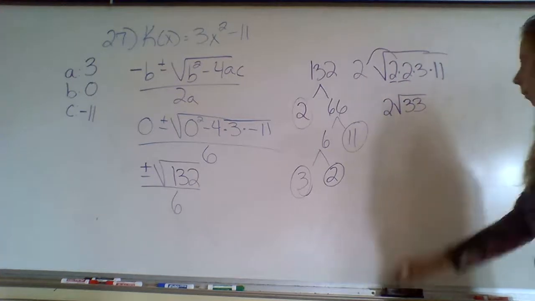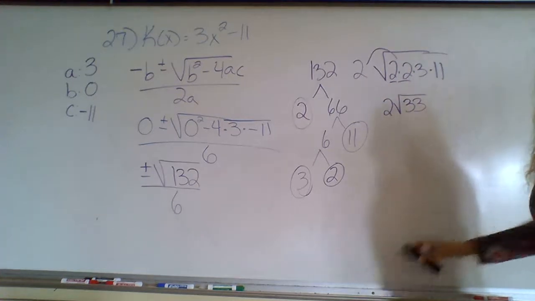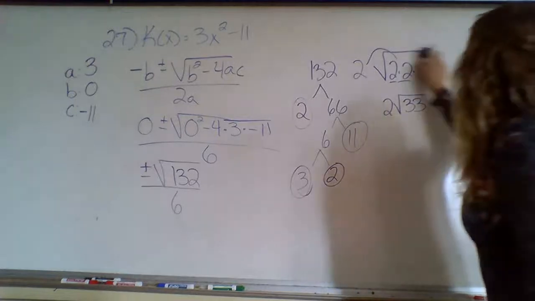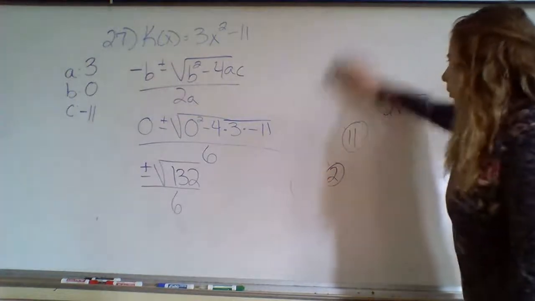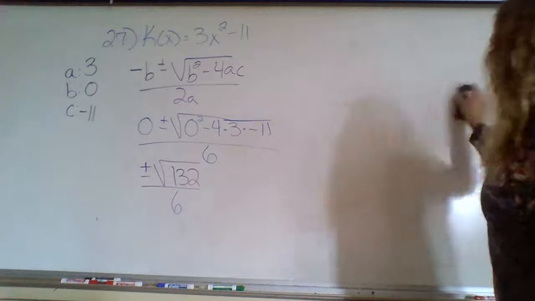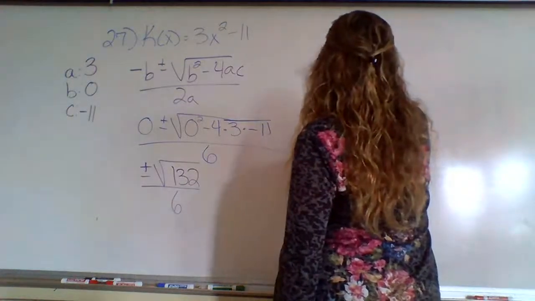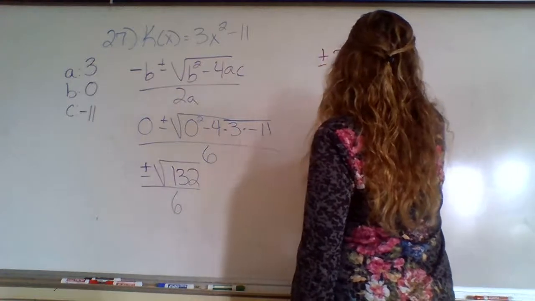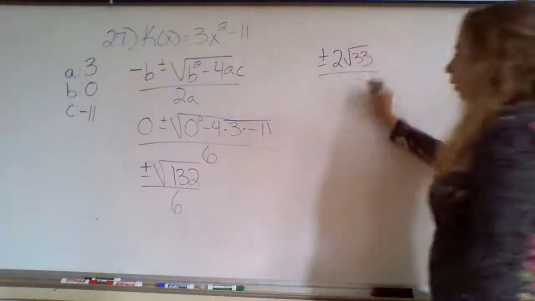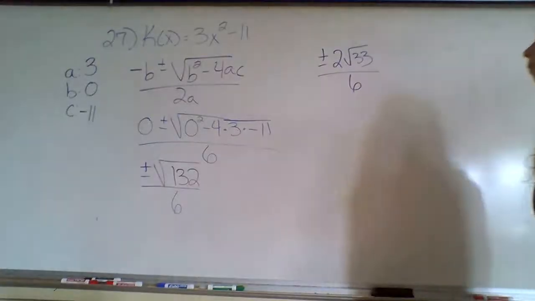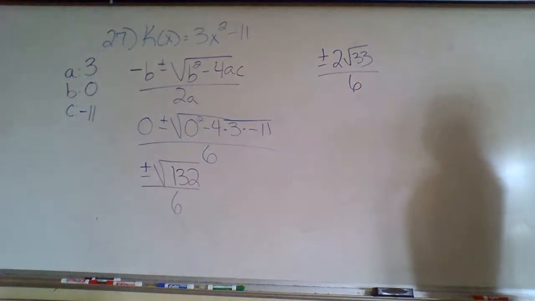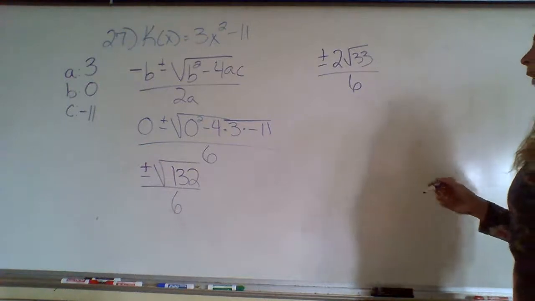All right. Okay, I'm going to erase this part. So you have plus or minus 2 square root of 33 all over 6. Just think of it as, you can reduce it as a fraction.